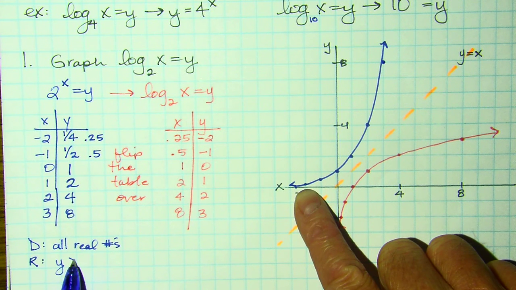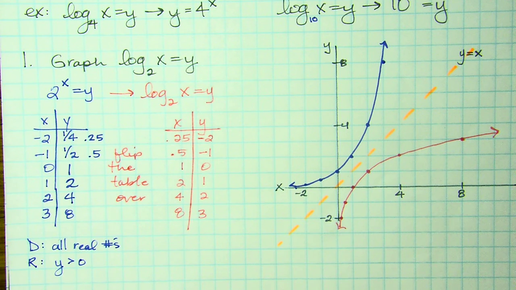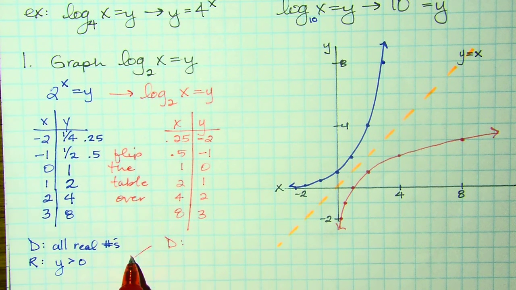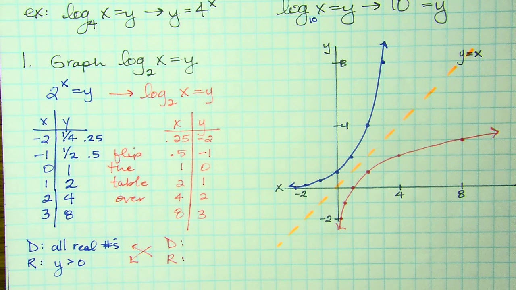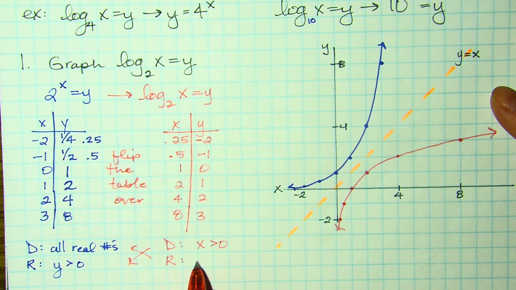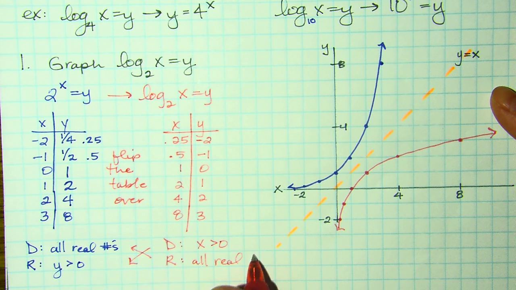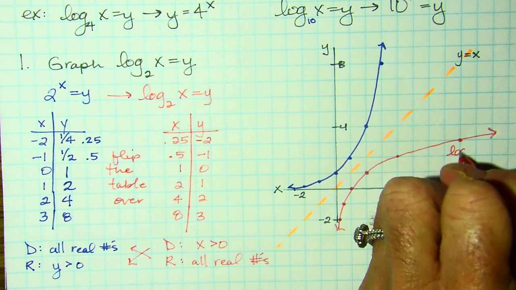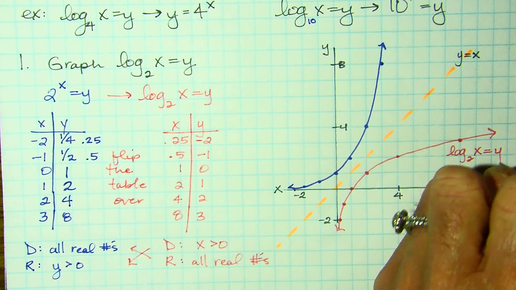So y has to be greater than 0. Now, I'm simply going to switch my domain and range for my log function. So my domain is now x is greater than 0, and y is all real numbers. So remember the red function, this is my log function.